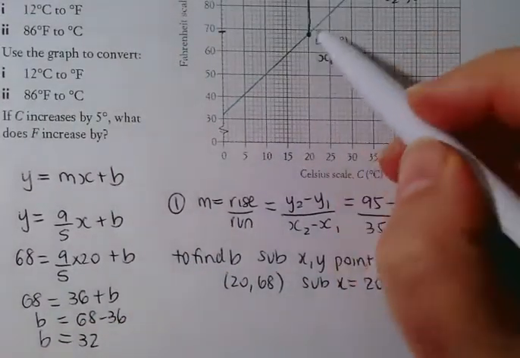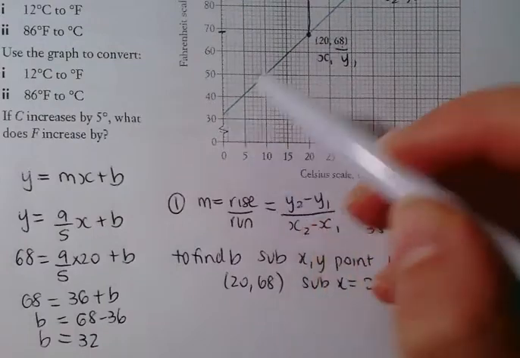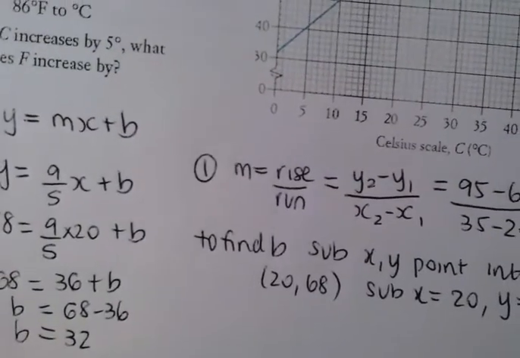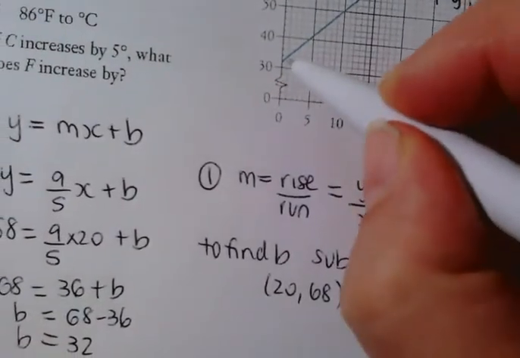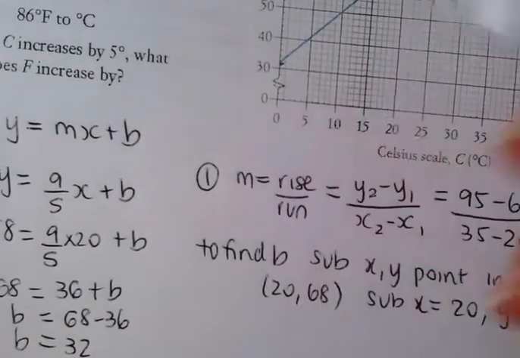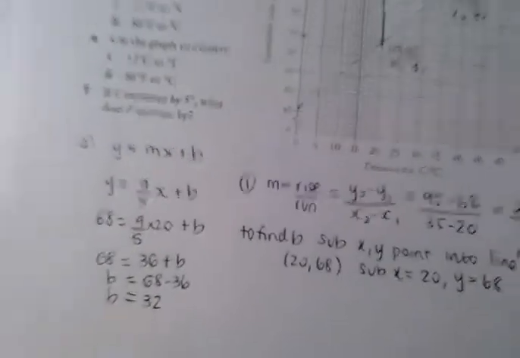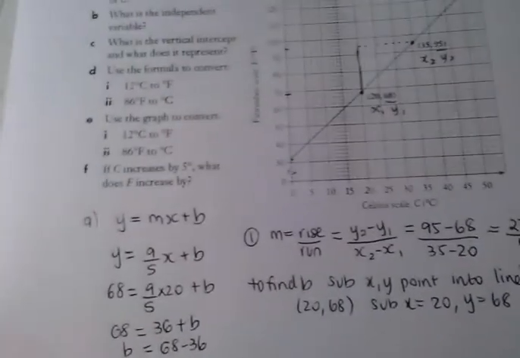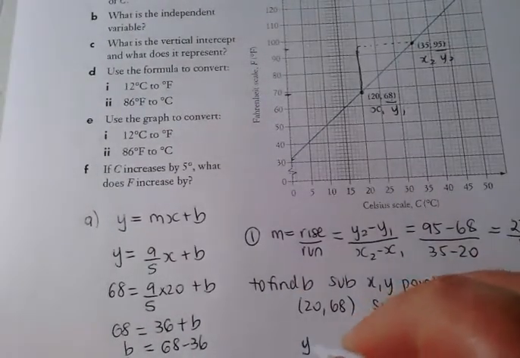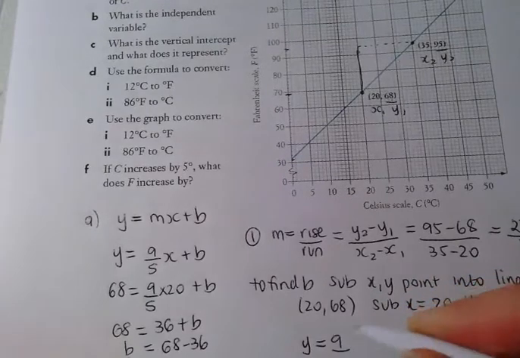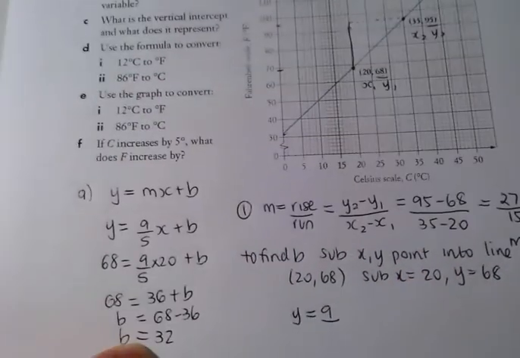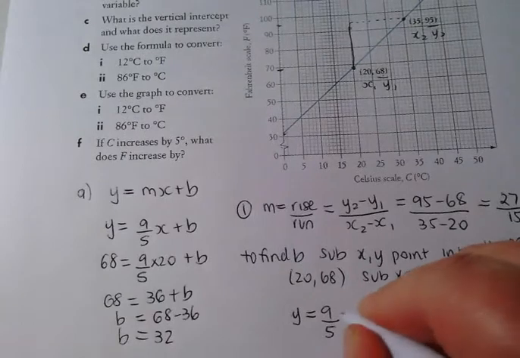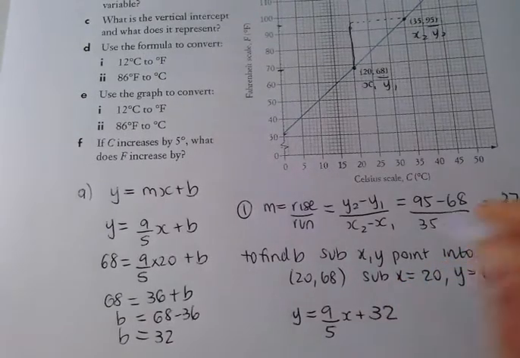Sometimes you can read the y-intercept off the graph. It does appear to be 32 there, and we can see that it is 32 when we use y equals mx plus b as well. So our equation is y equals 9 over 5x plus 32.